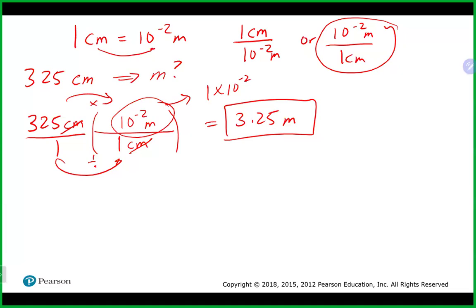Perhaps the only time you need to worry about the conversion factor you're using is if you're doing a metric to English conversion, like 946 milliliters is a quart or something like that. That is something you would have to worry about.